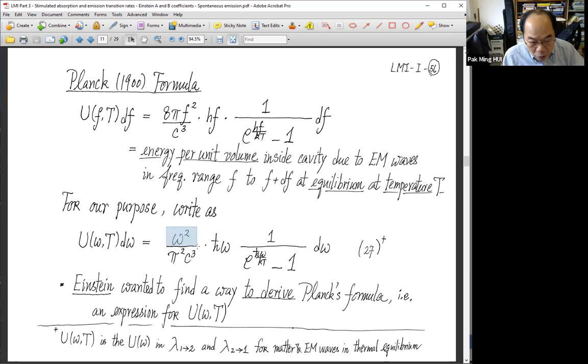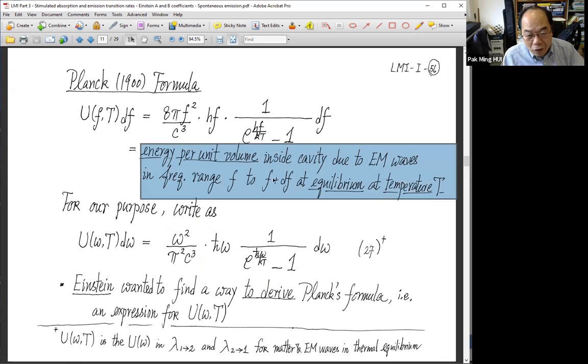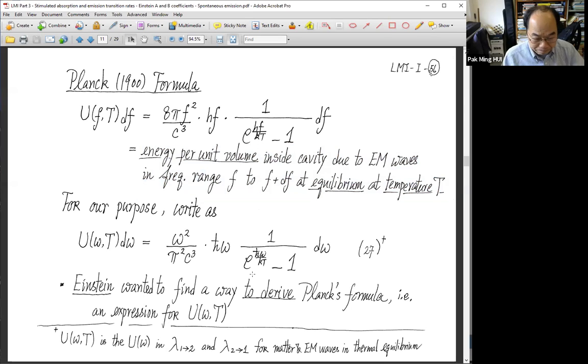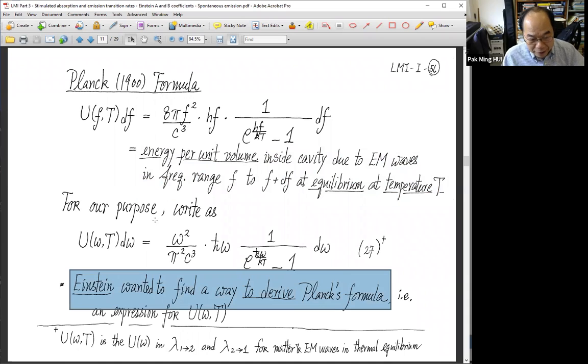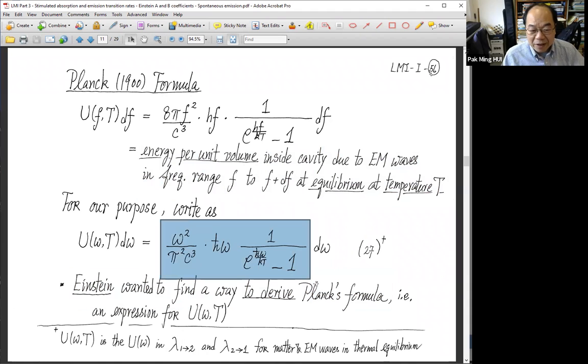Therefore, you see there's an omega cubed factor. We have something like the Bose-Einstein distribution, and then this carries the same meaning, apart from now it's from omega to omega plus d omega. So in 1916, Einstein wanted to find a way to derive this formula using statistical physics.